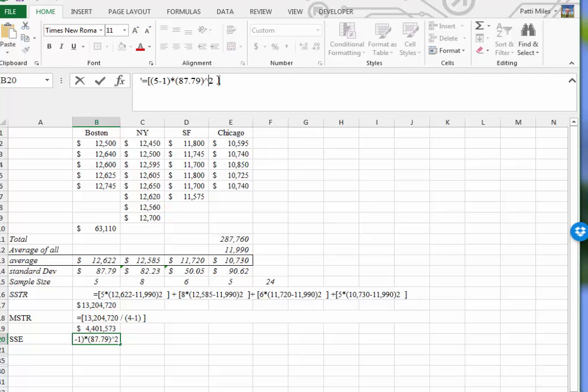So we're going to do that and 2. And then after that, we will add to that the next one. So we'll do plus, and we'll have exactly the same thing again, except now we've got the second group there, which is New York plus Chicago plus, oh, San Francisco, sorry about that.